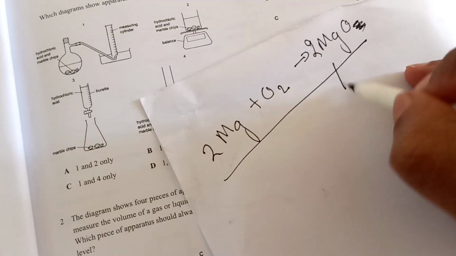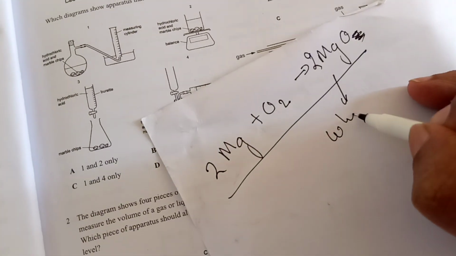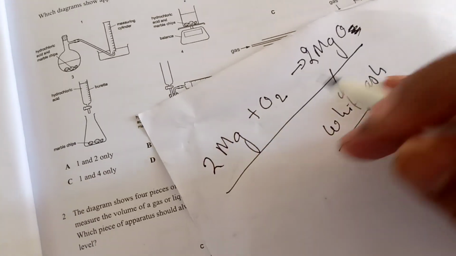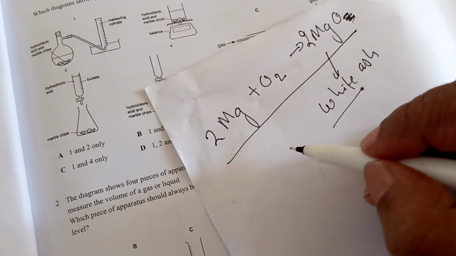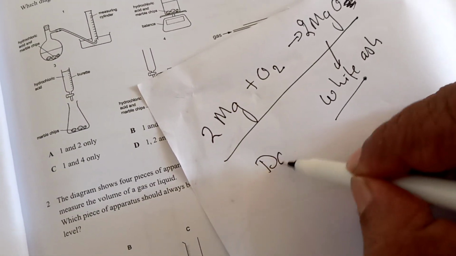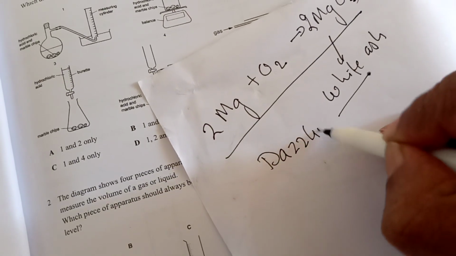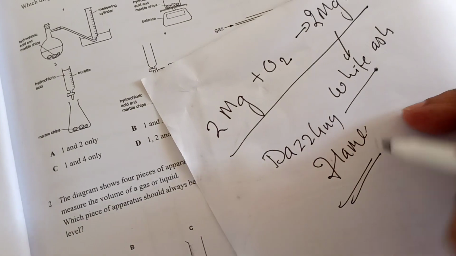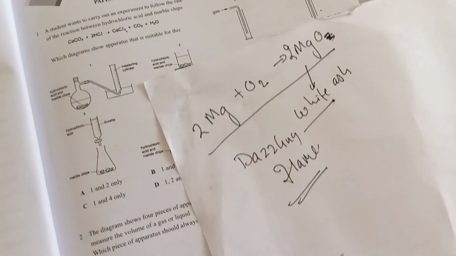So this is a white ash. A dazzling flame is for when magnesium ribbon is burned in air. Now, what is the question?